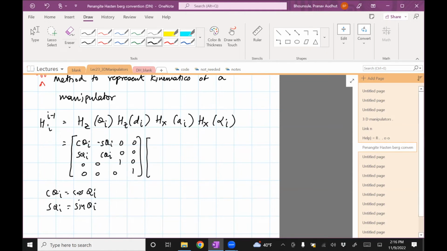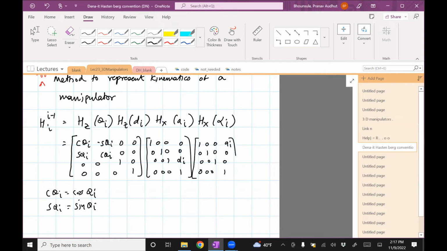Hz di means that it's translation about the z-axis, and the translation is di. So first write the identity for the rotation matrix, and then we just put 0, 0, di. Then we have translation about the x-axis, and that's ai. So again, identity on the rotation matrix, and then ai, 0, 0, 1.